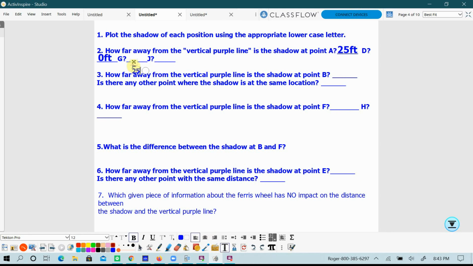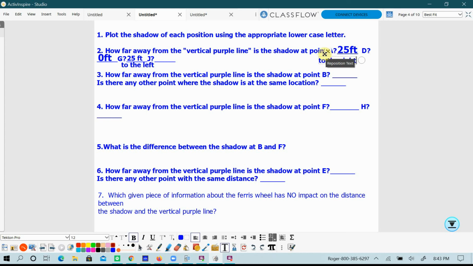I'm going to write 25 feet, and underneath I'm going to put to the left, because that will indicate it's a negative distance technically, but we can't write it. So we're going to say to the left to acknowledge it.